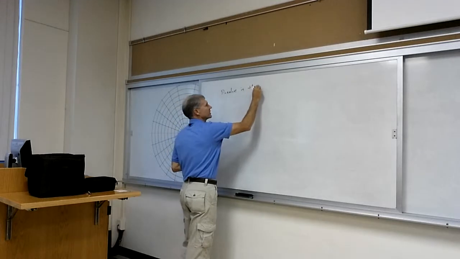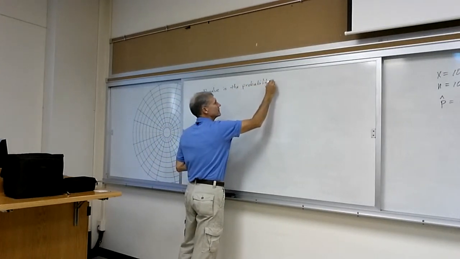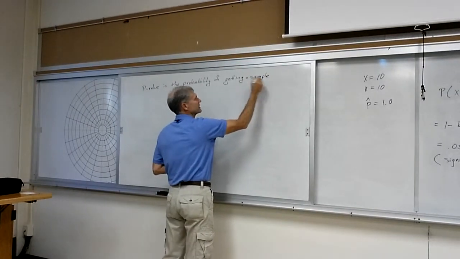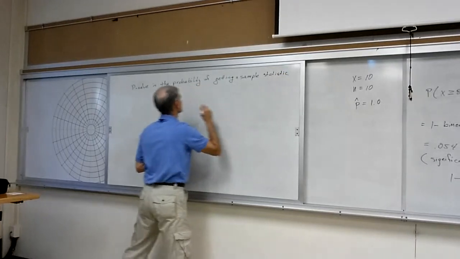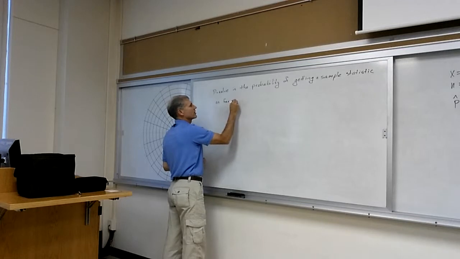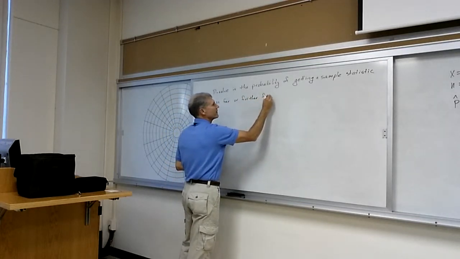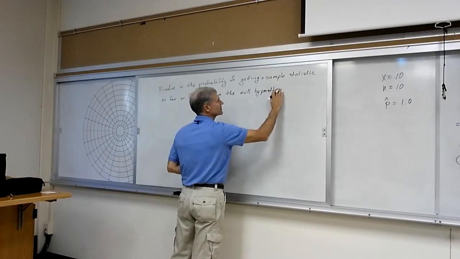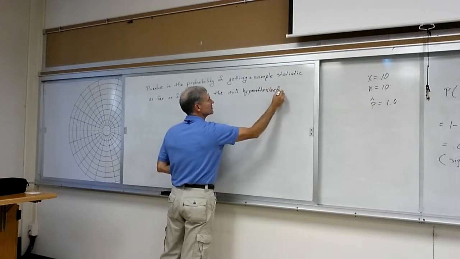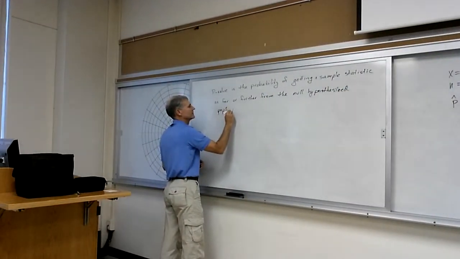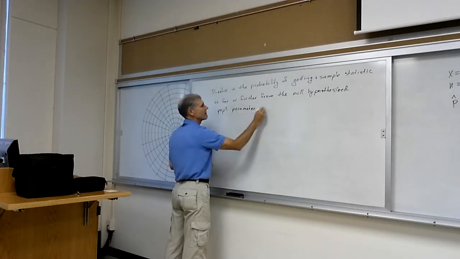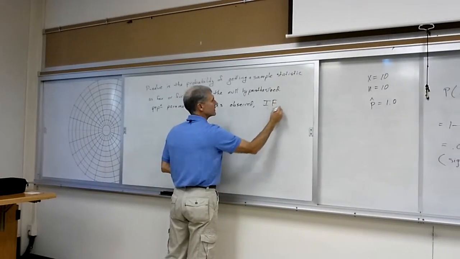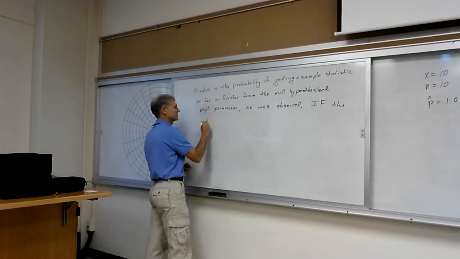P-value is the probability of getting sample data, or I'll say a sample statistic, as far or further from the null hypothesized, this is getting to be a long sentence, hypothesized parameter, population parameter, as was observed if, and it's a big if, the null is true.